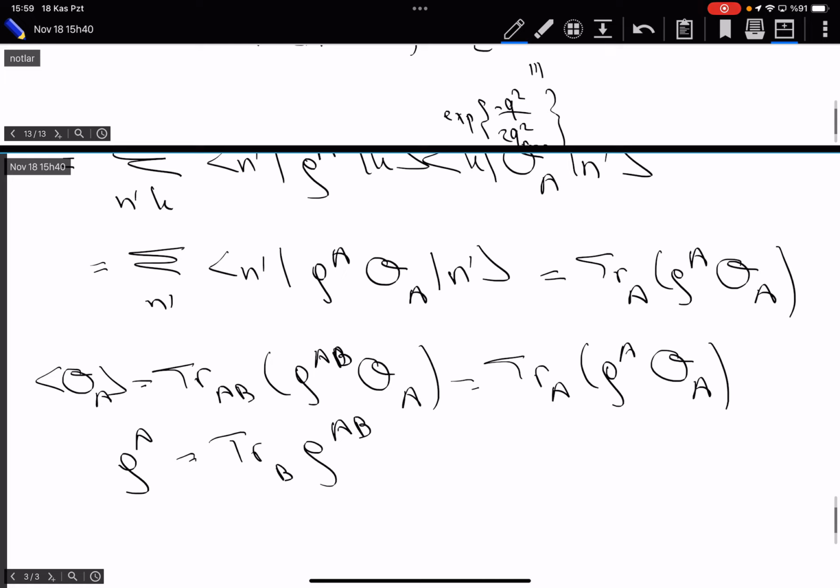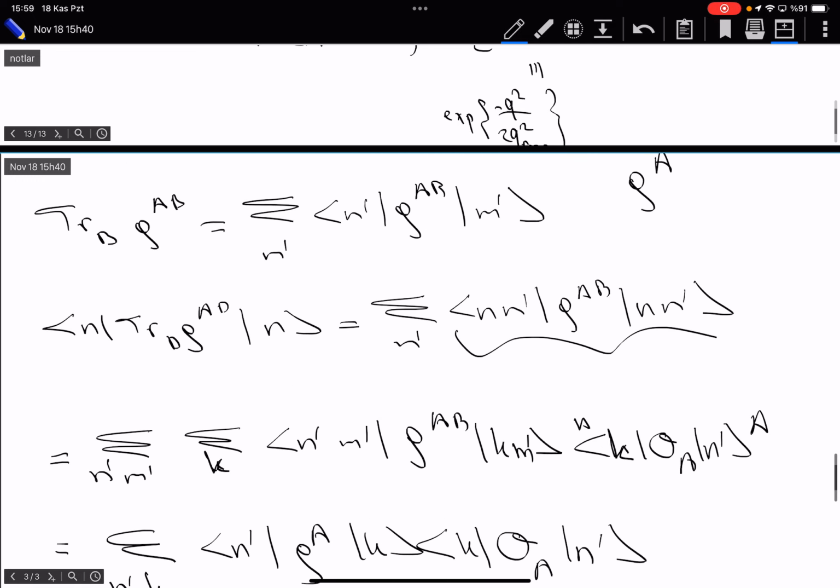Yes? Is any of these things a partial trace, a partial trace operator? Yeah, so this is the partial trace. I'm taking a trace, but over only the degrees of freedom of the B system. How do I define that partial trace?